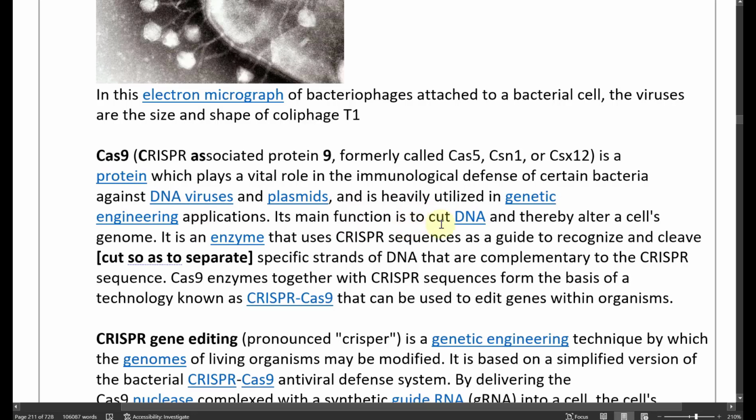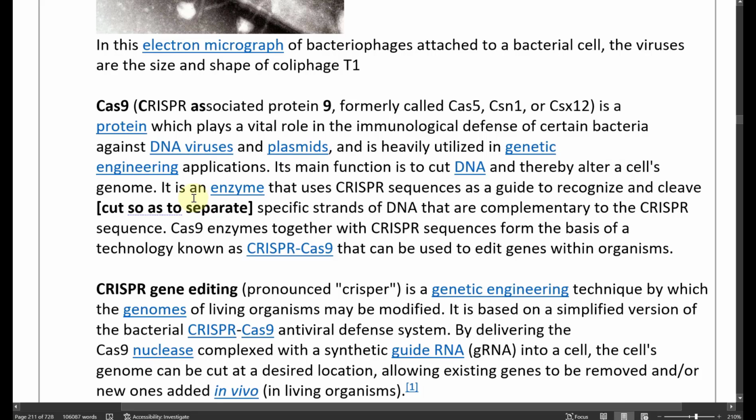Its main function is to cut DNA and thereby alter a cell's genome. It is an enzyme that uses CRISPR sequences as a guide to recognize and cleave, cut so as to separate, specific strands of DNA that are complementary to the CRISPR sequence, which is very interesting.